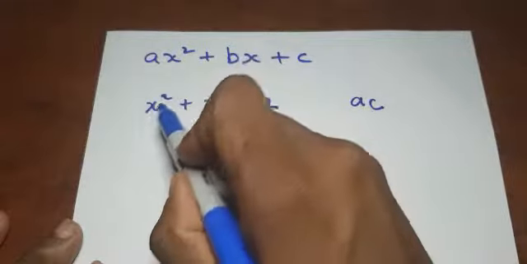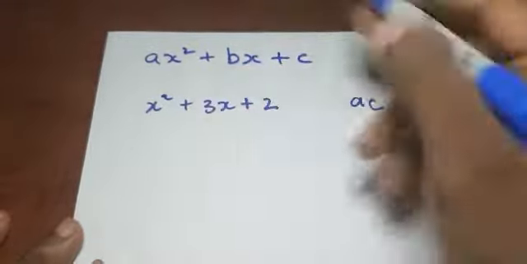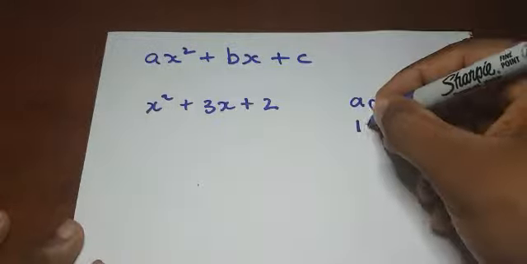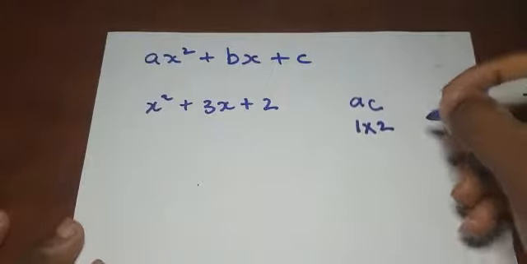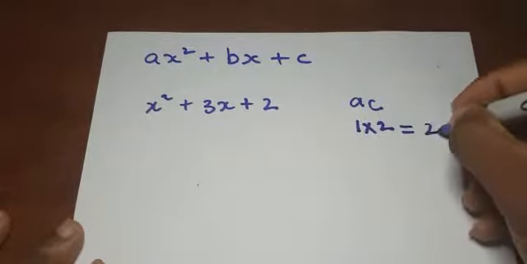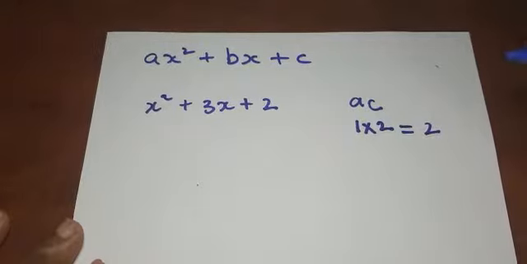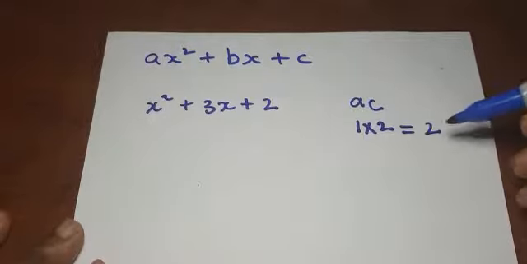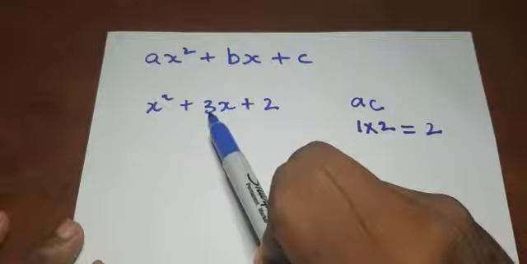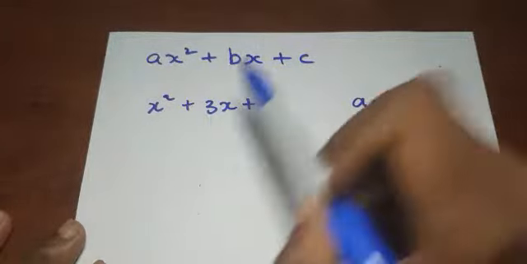Because you take the x squared coefficient, which is a, and you take what c is, in this case 2, and you look at the product of those two numbers, in this case 2. Then you ask yourself, what factors of 2 are such that when you add or subtract them, you get the middle term, b, and b here is 3?